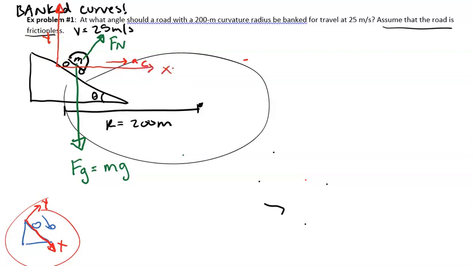I guess I should say y is the normal one. Again, that is because it's moving in a circle, and the centripetal acceleration is pointing towards the center of the circle. Now let's think about what forces we need to split into x and y. Fg is just in the y direction. Fn we're going to have to split into the x and y directions.